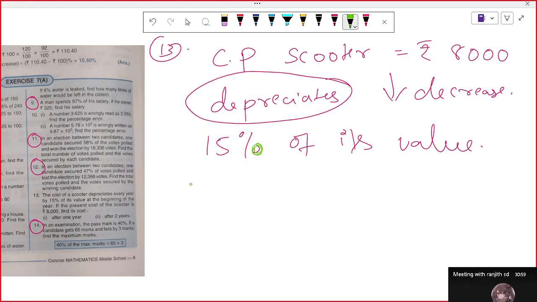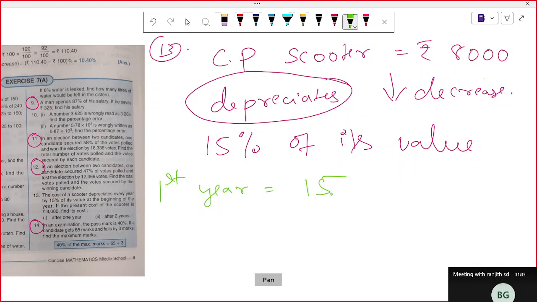It's like the shopkeeper gives you a 15% discount. Every year 15% gets reduced. So you have to find 15% of what? Of its current value, rupees 8,000. So the first question is for the first year: 15% of what?